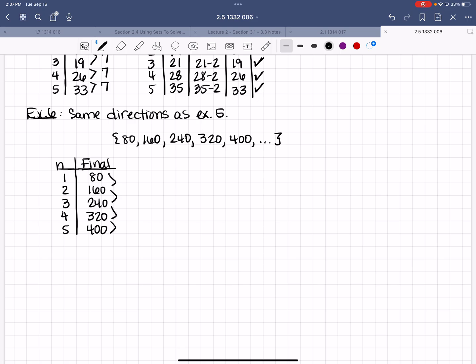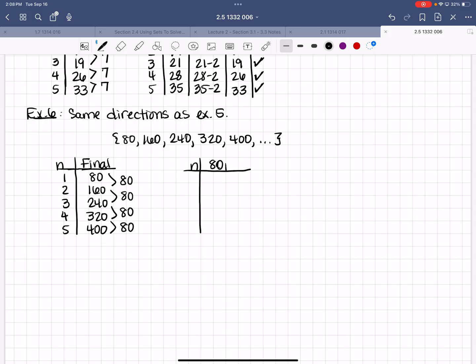What are we stepping by? 80s. 80 to 160, that's 80 units. 160 to 240, that's 80 units. 240 to 320, that's 80 units. And 320 to 400 is 80. Okay? You found the number that you multiply n by.